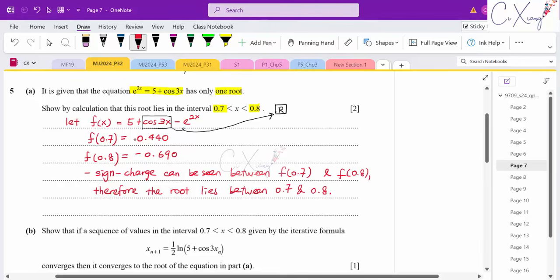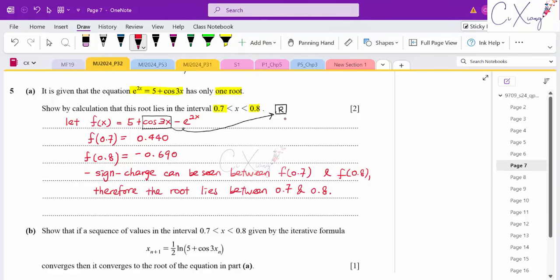So basically this is how we prove it. Make sure you put your calculator in radian mode to get the correct value. Alright, let's continue to part B.